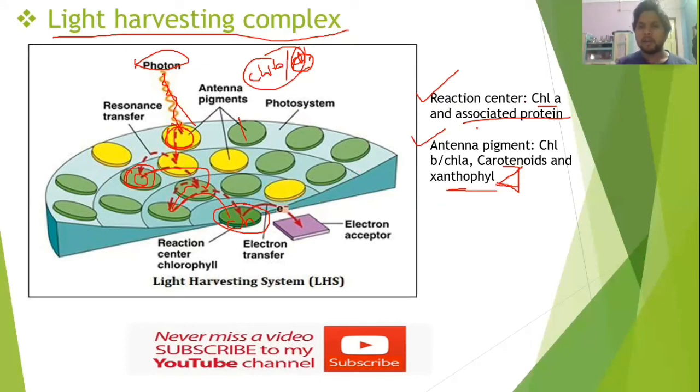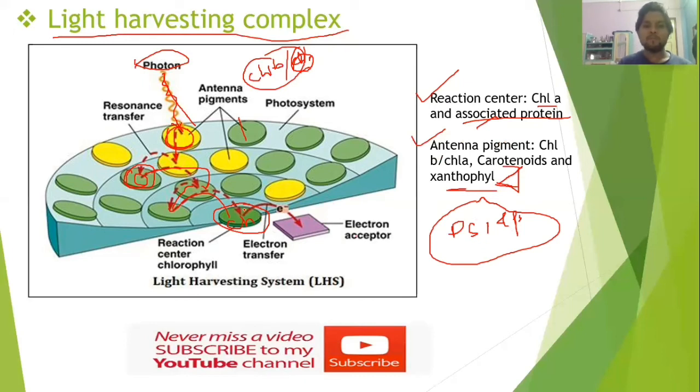Associated proteins are our photosystems, PS1 and PS2. I will discuss photosystems in my next video. So in the reaction center we have chlorophyll A, photosystem 1 and photosystem 2.